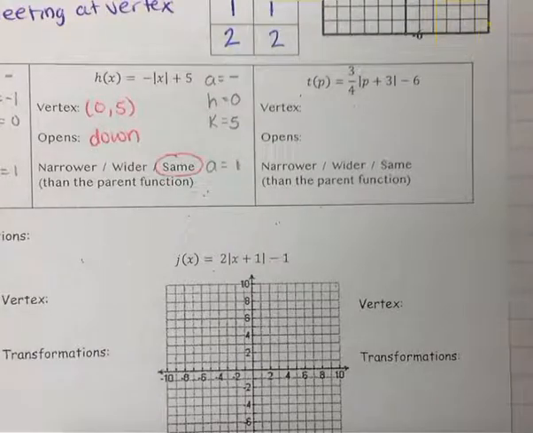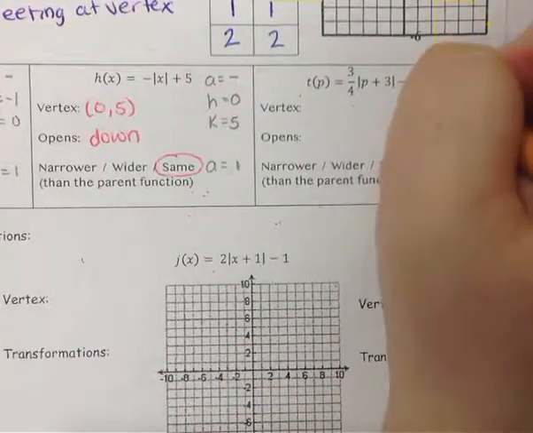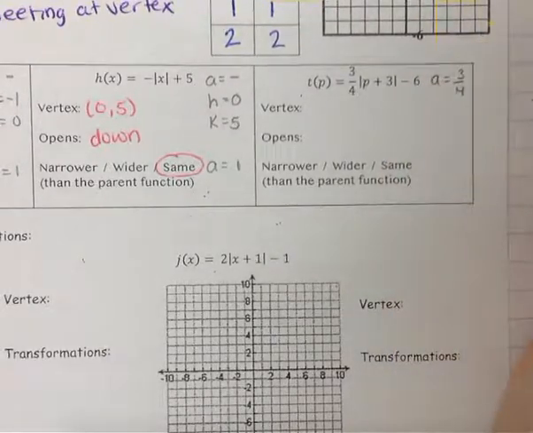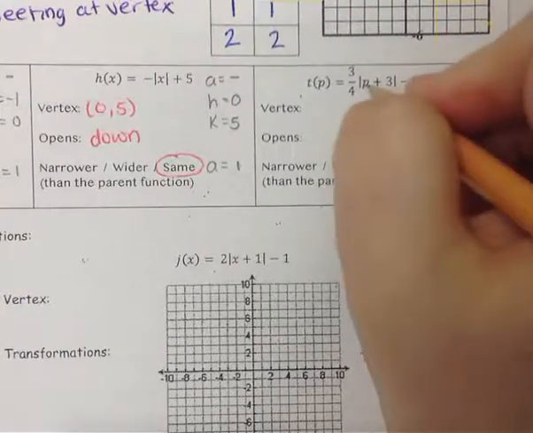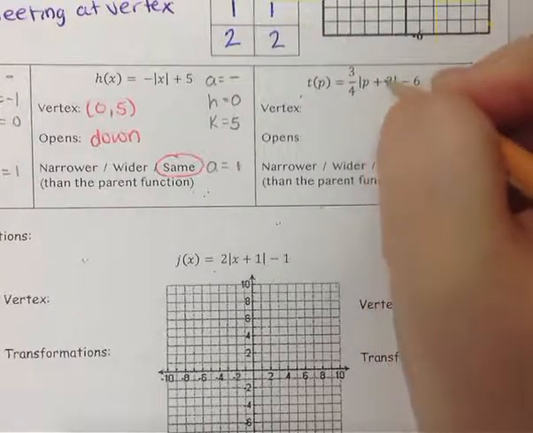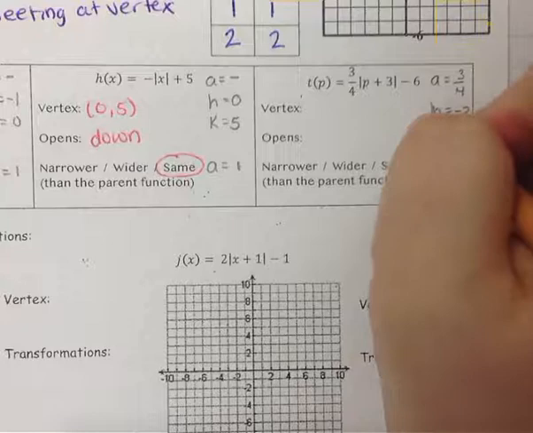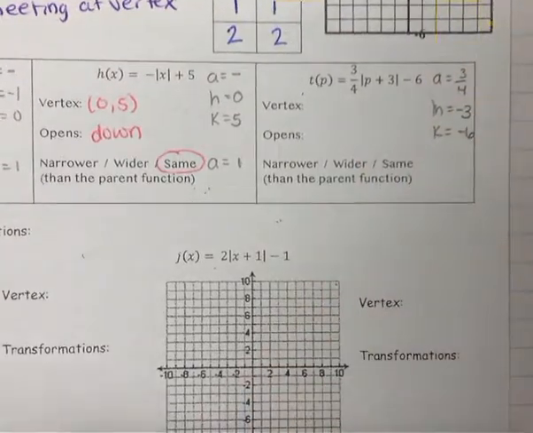On this next one, our a value is a positive. It's actually a positive 3/4. Our h value is, again, going to be that x minus h, so that h value has to be a negative 3. And then our k value has to be the outside, which is that negative 6.